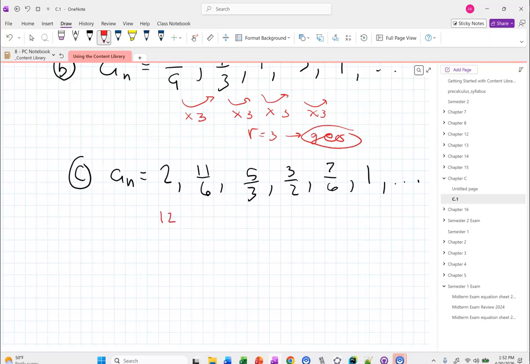So if I do that, I rewrite this as 12 sixths, 11 sixths, 10 sixths, 9 sixths, then 8 sixths, 7 sixths, 6 sixths. Now it's quite clear, right?